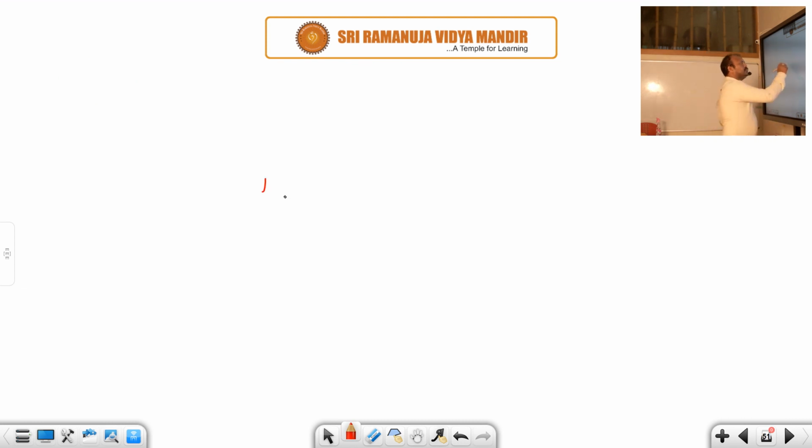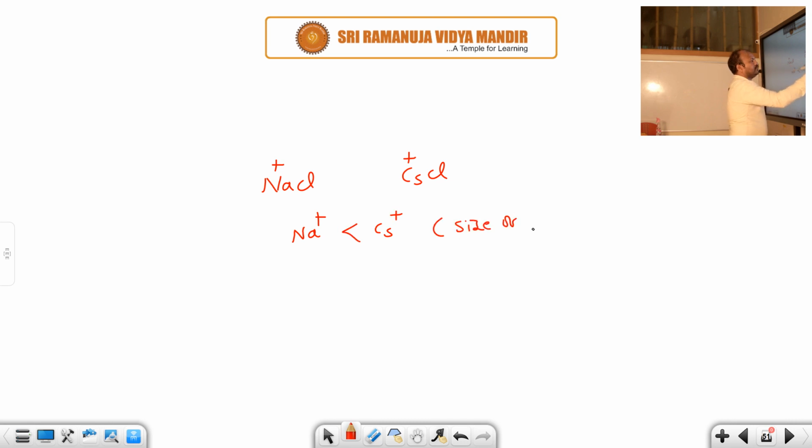If you take an example, sodium plus as well as cesium plus, sodium chloride and cesium chloride, here the size of the cation Na plus, here the size of the cation Cs plus. Where is the size of the ion more?